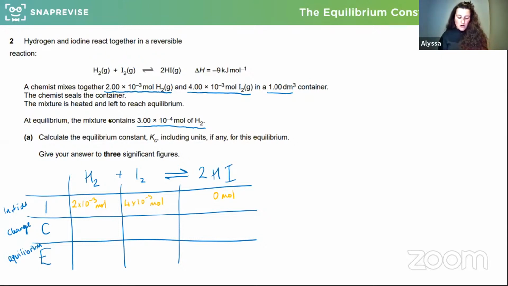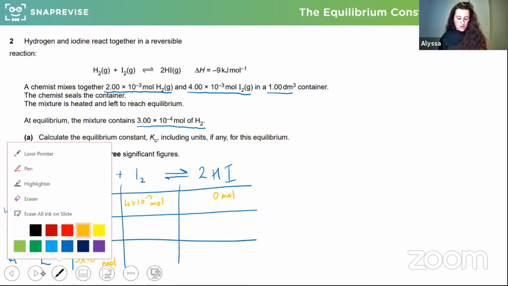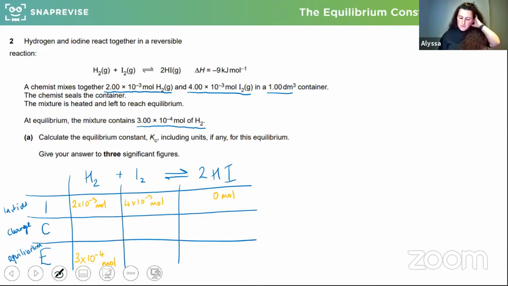Then it says at equilibrium, the mixture contains 3 times 10 to the minus 4 moles of H2. Okay, so we're not looking at products this time. They haven't told us about products. They've told us about our H2. So what's the change then? How much has it changed by?